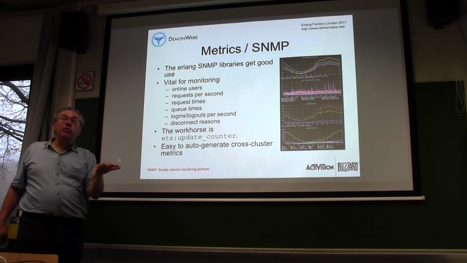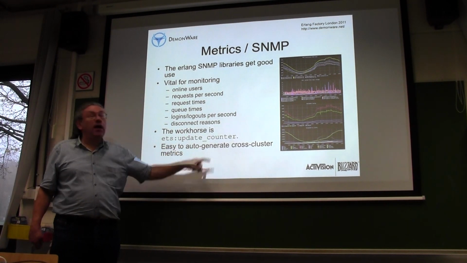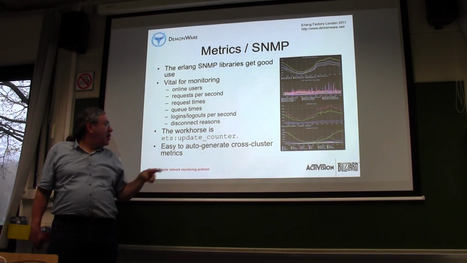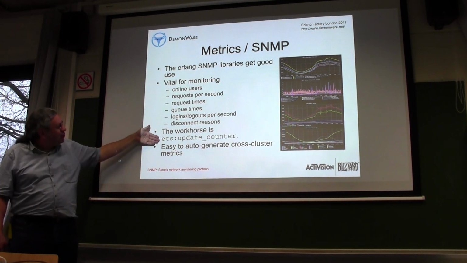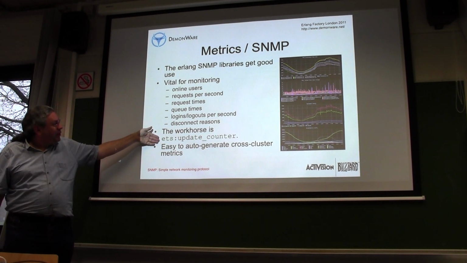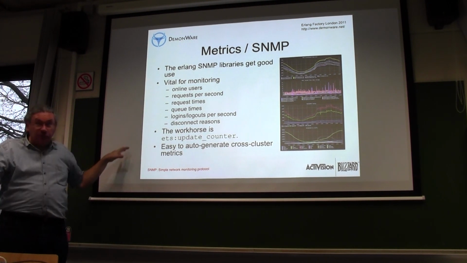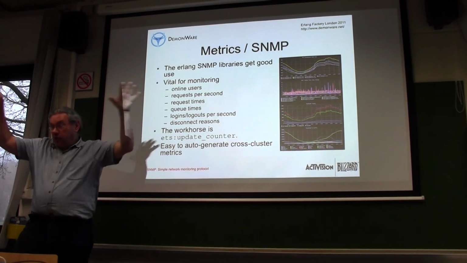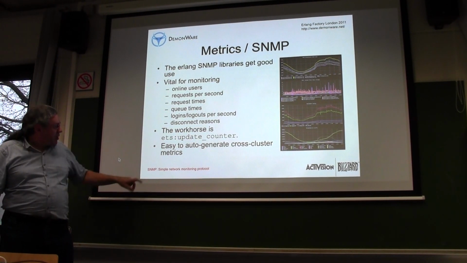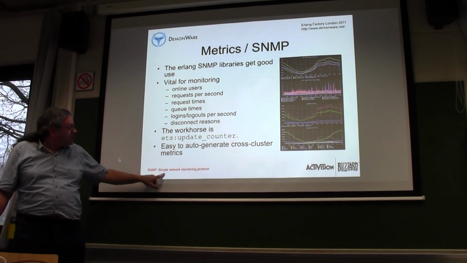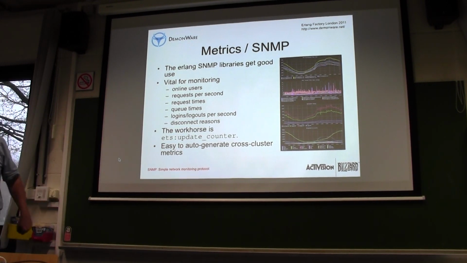Remember, the ETS is like global variables that you can update very fast, stable in memory. ETS update counter. So they're counting. Tick, tick, tick, tick, tick. So they're calling ETS update counter a lot. So this basic little Erlang function is really called a lot, millions of times. Okay? And also, between all the clusters, they're combining the metrics to generate overall metrics. So cross-cluster metrics. Okay? So here on the bottom you can see I add sometimes little red text stuff. Simple Network Monitoring Protocol. SNMP.